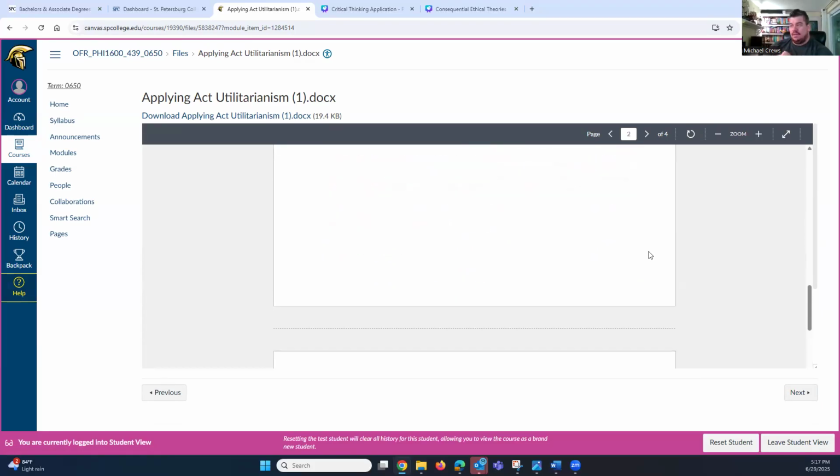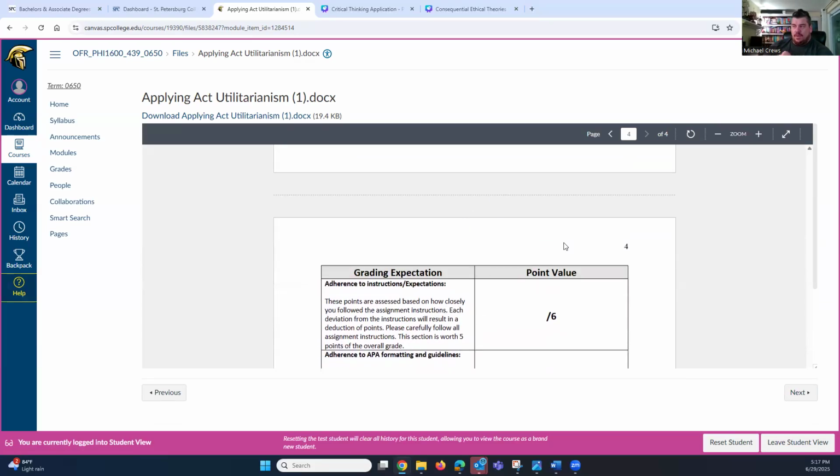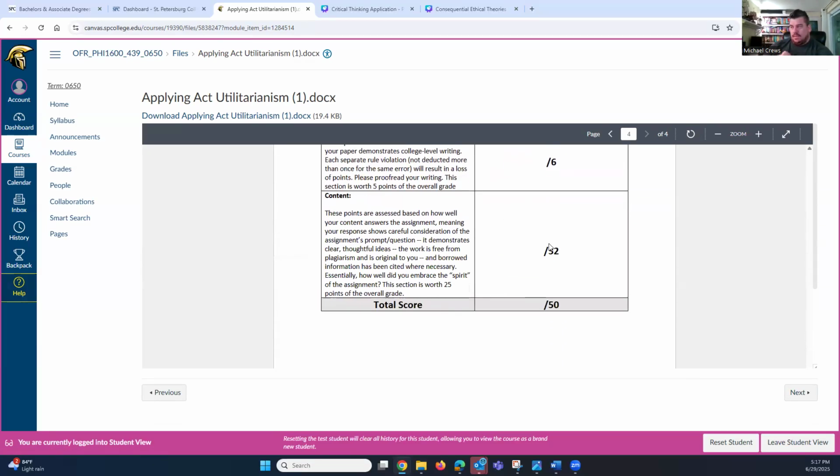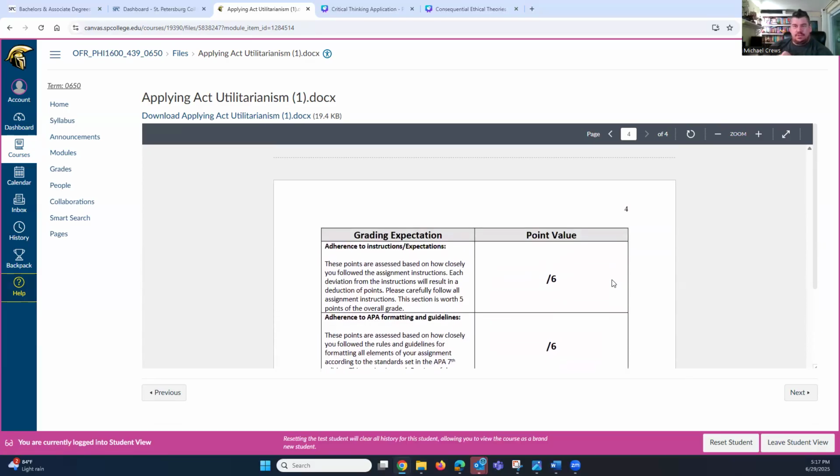And something that a few people have missed is I need the rubric here on the last page. If you don't have that, 1, it shows that you didn't fully read the instructions and the expectations because it mentions it. But 2, you're going to lose points because I need that to help with grading.